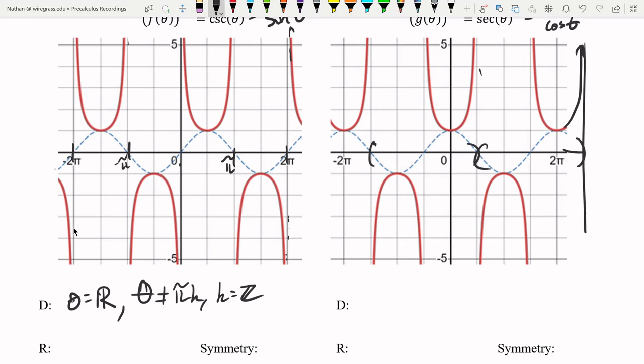The range is going to be everything except for this middle portion here. It does hit this point. It does touch the valleys, but this portion here is going to be from -1 to 1. So it's going to be everything except that portion.